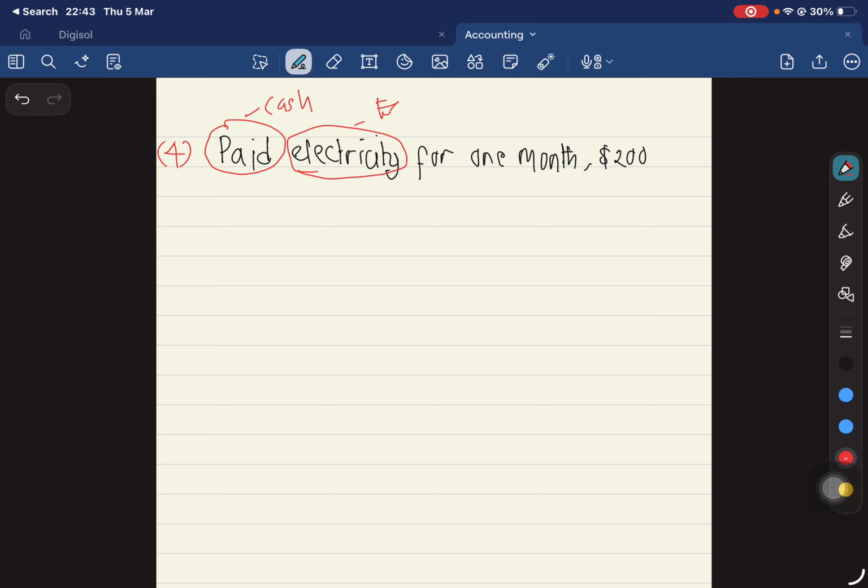It's an expense. So we've identified the accounts this transaction affects. Now let's open the T account for the 2 accounts. So electricity. This is the electricity account.